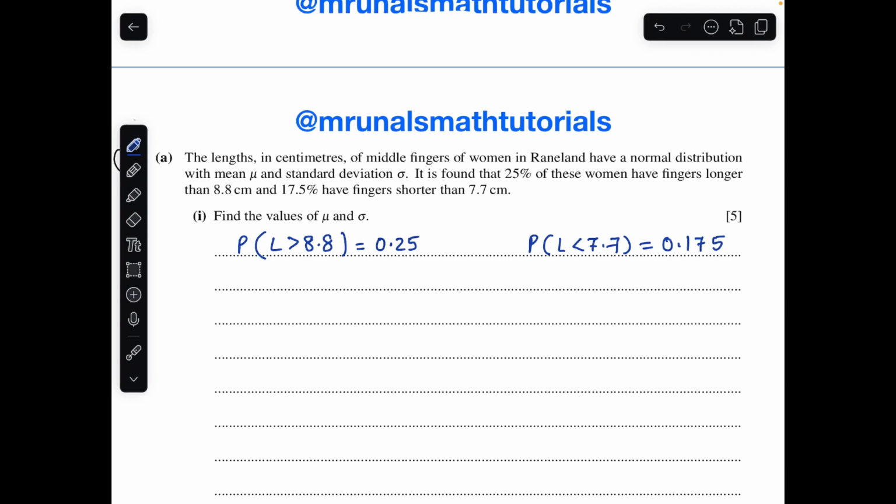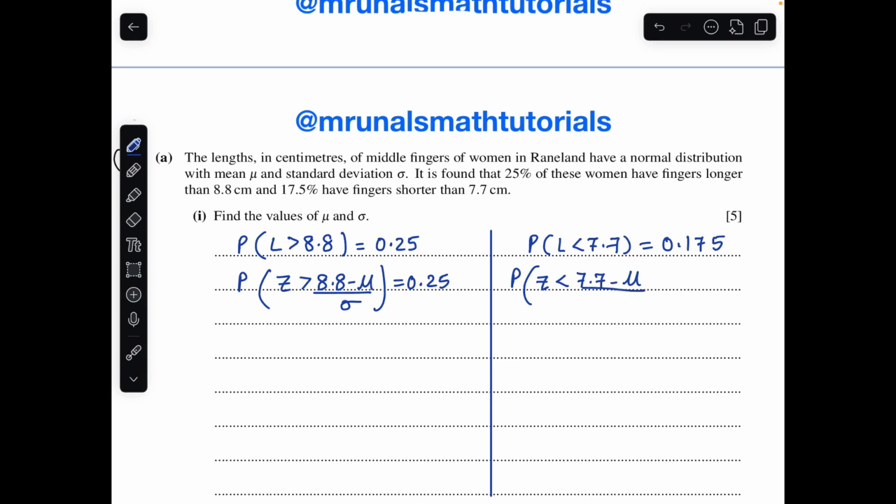Yeah, let us standardize this now. Z-score greater than 8.8 minus mean over sigma is equal to 0.25. And here we have z-score less than 7.7 minus mean over sigma is equal to 0.175. So on this side, we have greater than, and that means z-score is going to be positive. So 8.8 minus mean over sigma is going to be phi inverse of 0.25, which you cannot calculate.